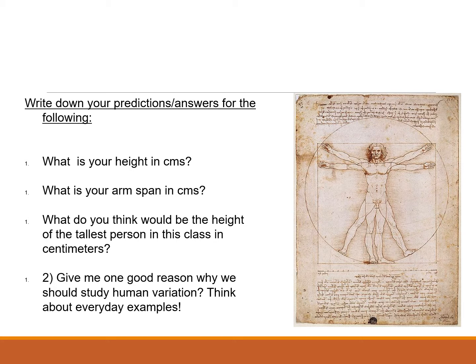I will put up a discussion board post that you can answer these if you choose. It is not required. However, thinking about why we study human variation is pretty important.